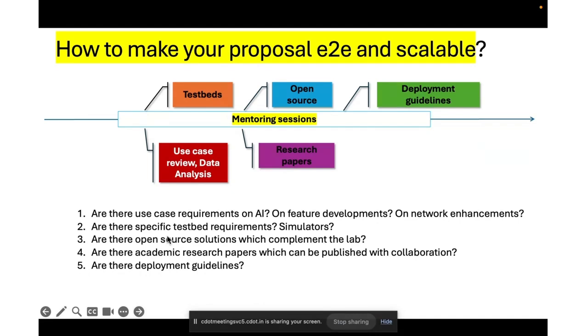Then another aspect to look at is that here you have these test beds, 5G use case test bed or open source test beds, whichever, right? Whichever one you have, this kind of specific testbed requirements. Are there requirements on simulators?